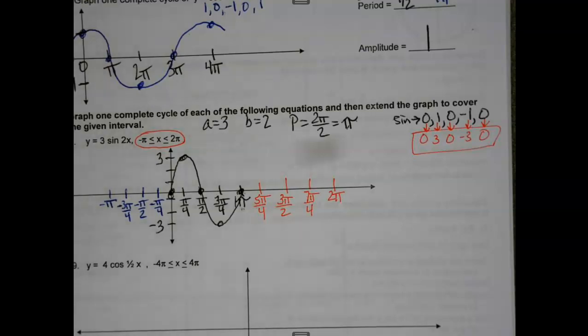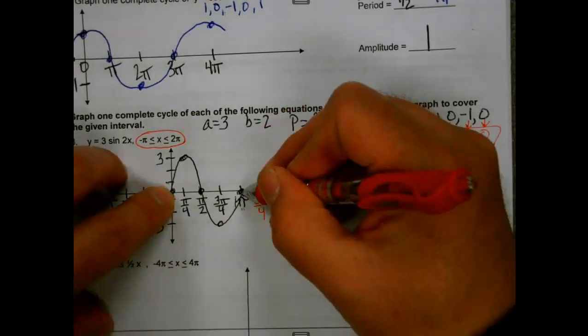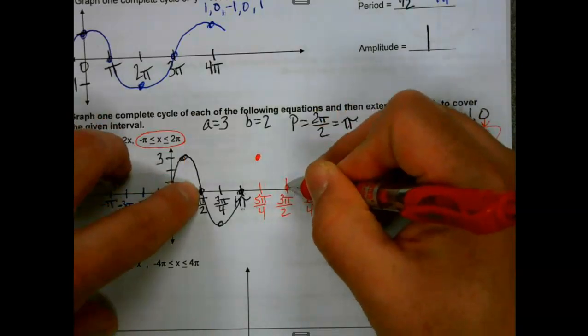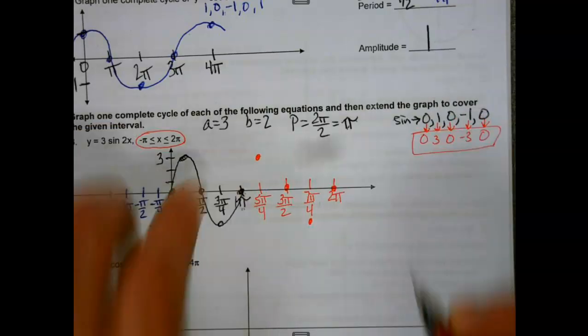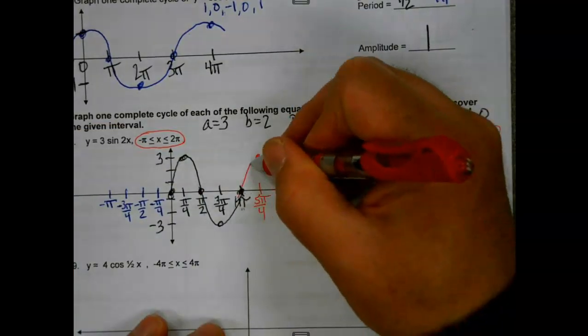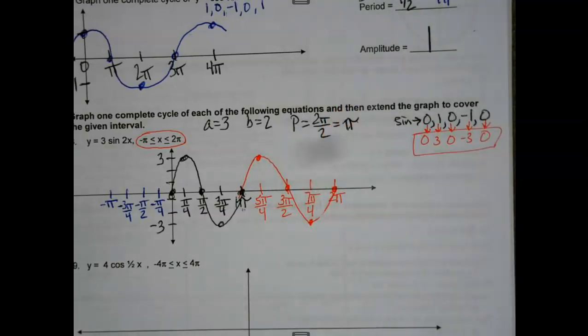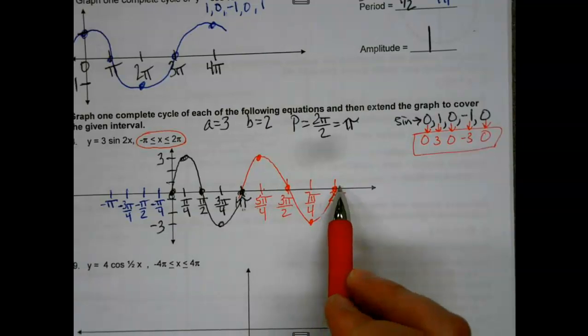So now what do I have to do? Do I have to do this whole thing again? No, just keep the pattern going. I'm starting here: up, back to the middle, back to the bottom, back to the middle. Just keep it right on going. You may be wondering, why are there only 4 points this time in the pattern?